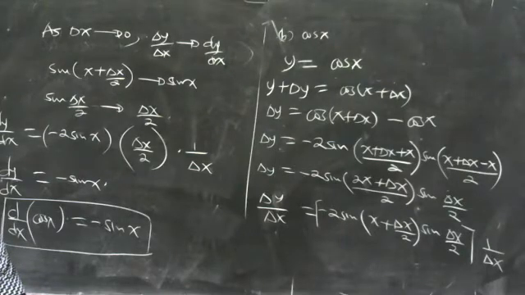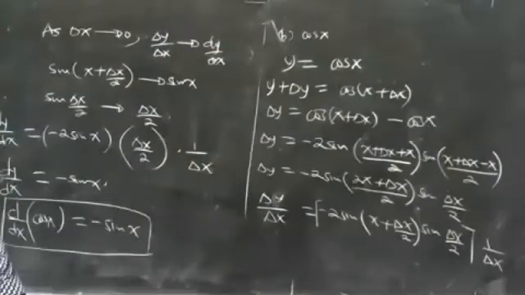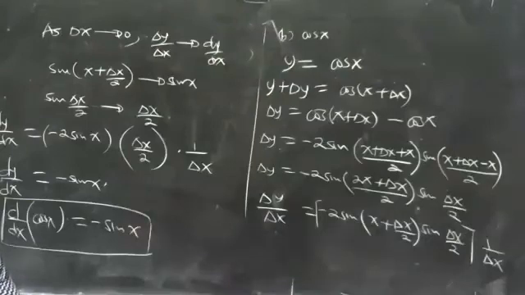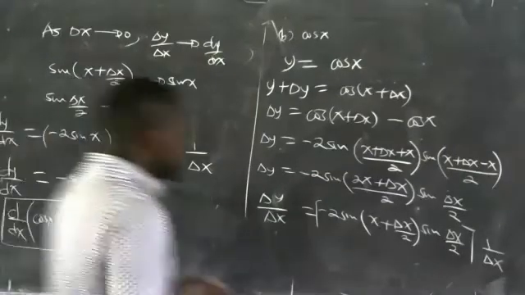Would it be possible if we just divided by change in x straight away, or it wouldn't? Yeah, it's okay, no problem. It's very fine. So it's a must to conclude. You have to conclude that when you differentiate cos, you get the negative sign.